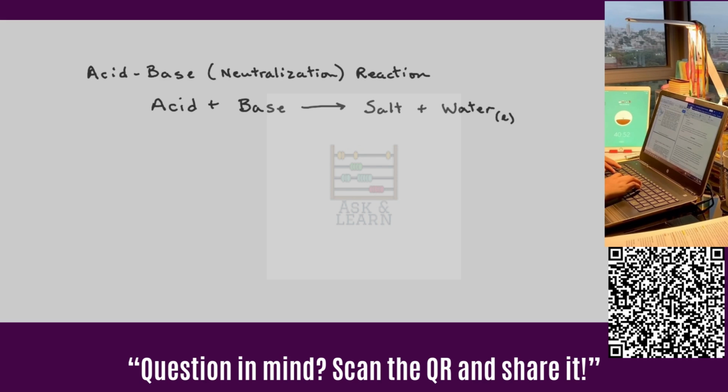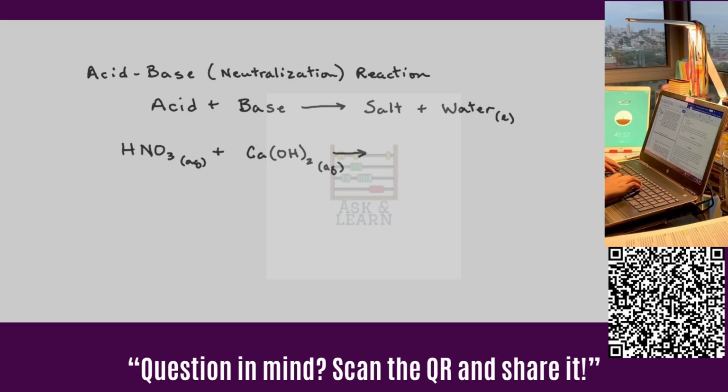So the first thing we want to write is a balanced molecular equation for this reaction. So nitric acid means hydrogen with the nitrate ion, so HNO3, aqueous. It's reacting with calcium hydroxide. Calcium has a 2 plus charge. So that means we need 2 hydroxides with it, since each hydroxide has a -1 charge.